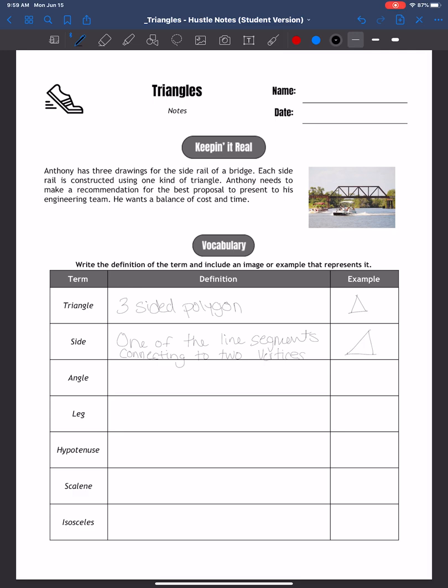So if we have this triangle ABC, this is a side. Your angle is at your vertices, where it's the interior measure formed by two sides.